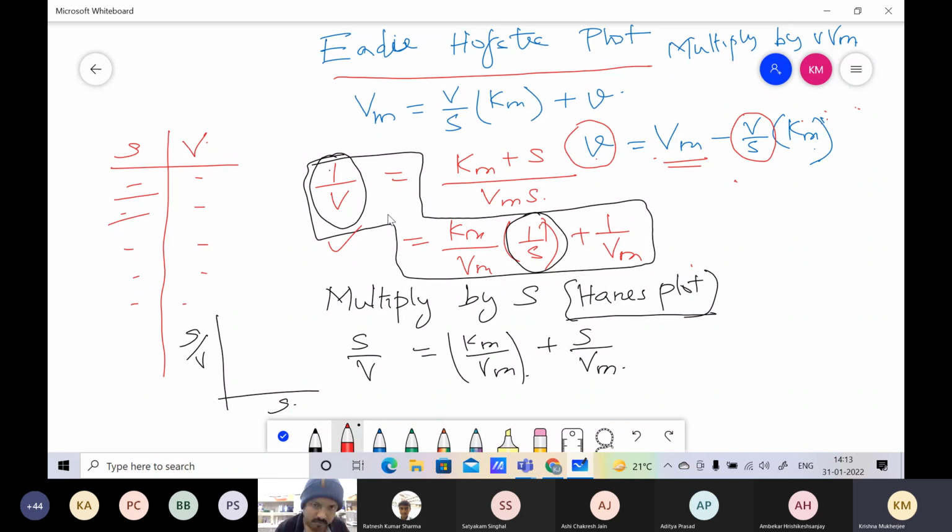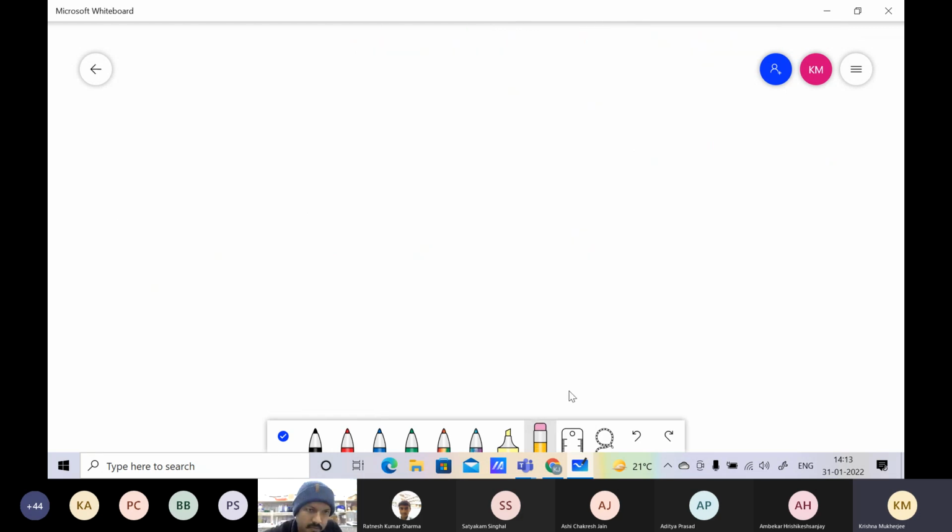This particular experiment also has inhibitors, and I'm going to talk about inhibitors later on. Essentially, there are various kinds of models which explain inhibition. I've taught your senior batch, so they are familiar with it.